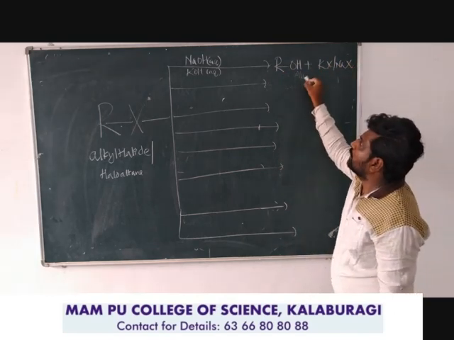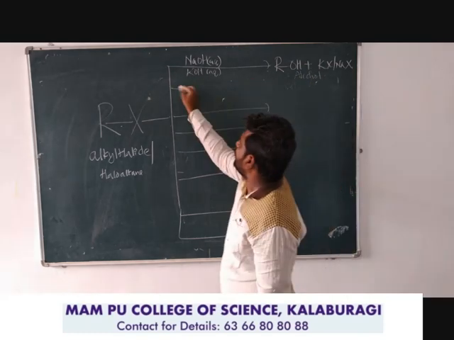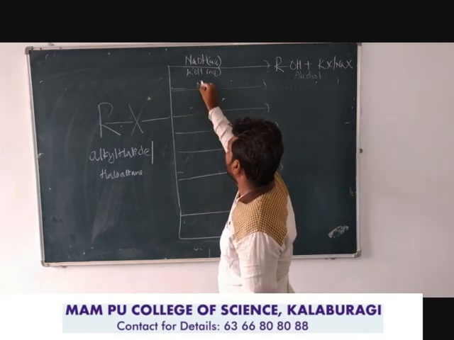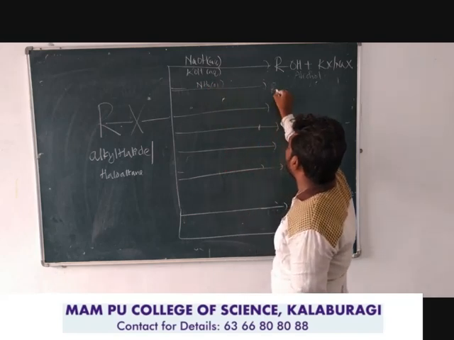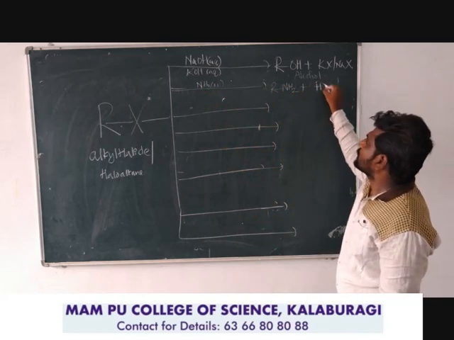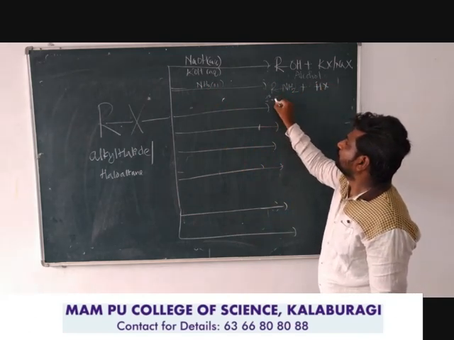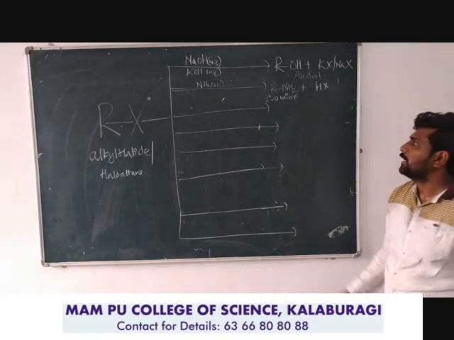So the product name is alcohol, remember. Second, if I have taken alcoholic ammonia, what will we get? We will get alkyl amine, primary amine, and the byproduct is HX.